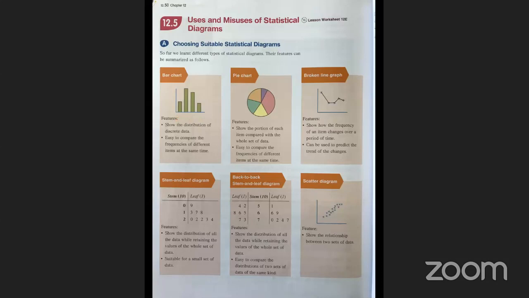For example, if I am looking at the number of families with 0 children, 1 child, 2 children, 3 children, then in this case 0, 1, 2, 3 are called discrete data.